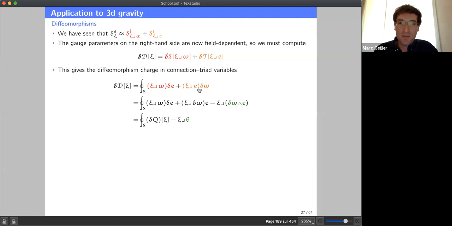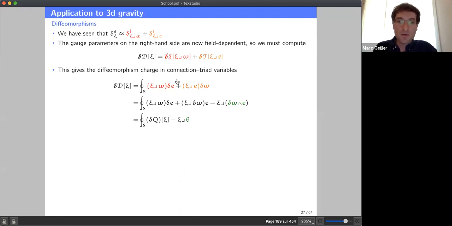Because I put the interior product on E, I put it back on as the interior product of delta omega wedge E. And then I'm writing the interior product on delta omega. So I'm just using this basic rule of the interior product acting on the two form, delta omega wedge E.